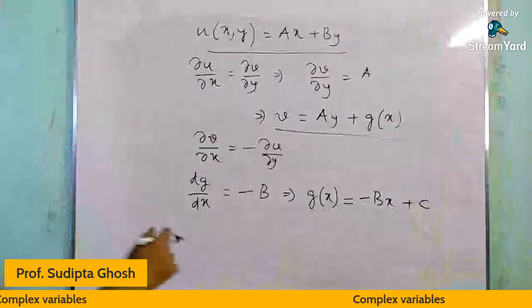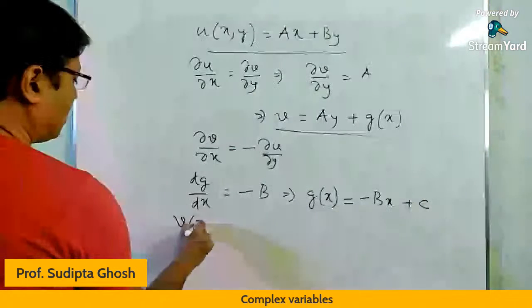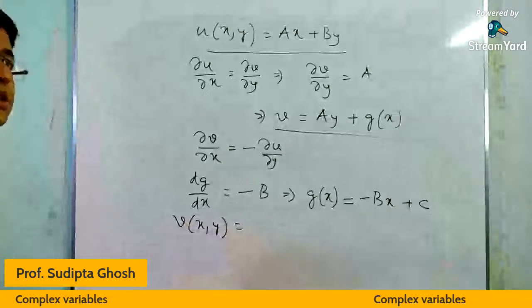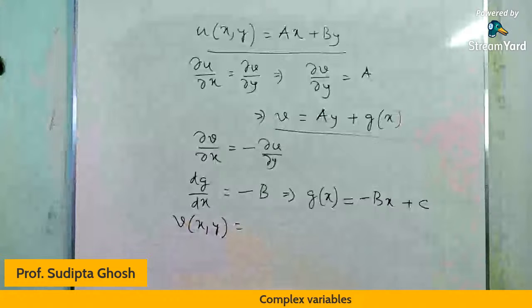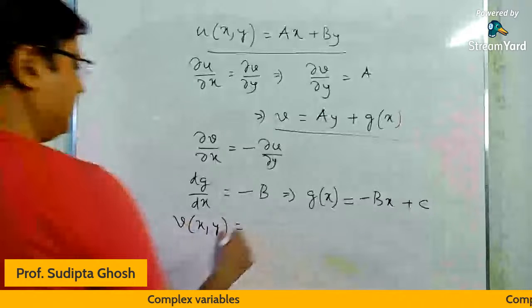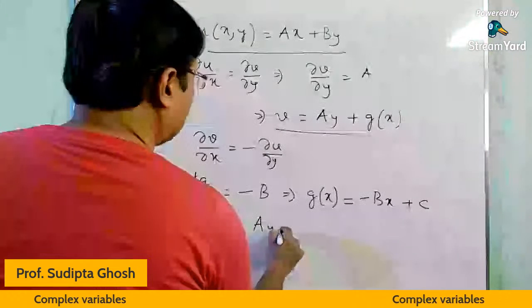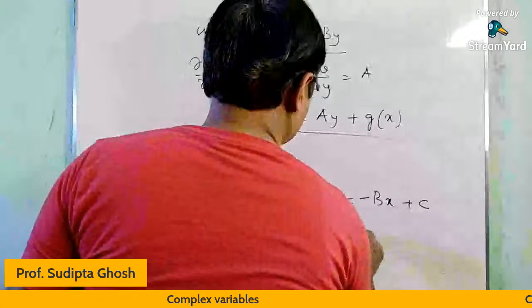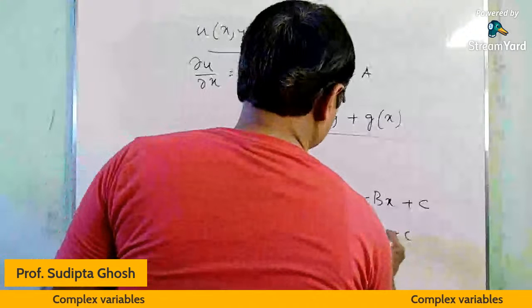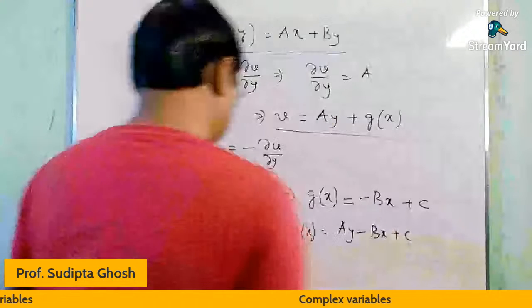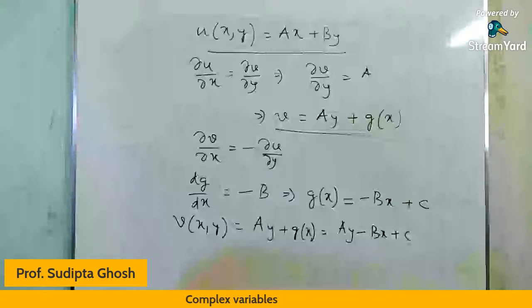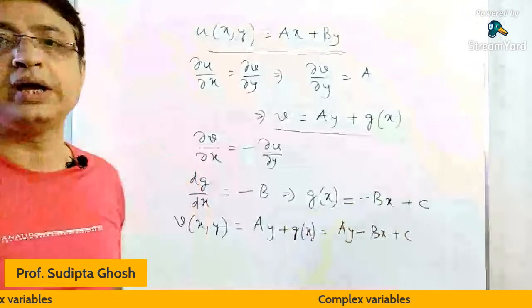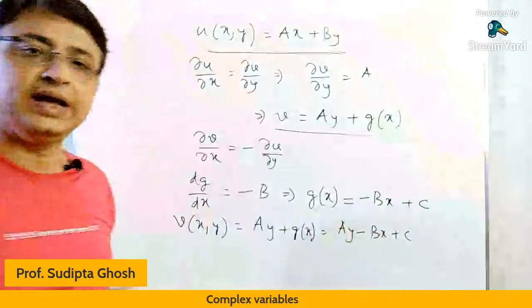So finally the value of v(x,y), the conjugate harmonic function of u(x,y), is ay plus g(x), that is ay minus bx plus constant c. This is how we find the conjugate harmonic function of any harmonic function.